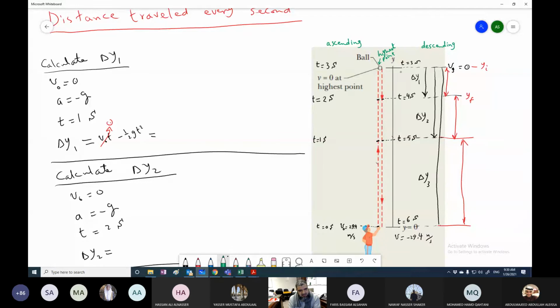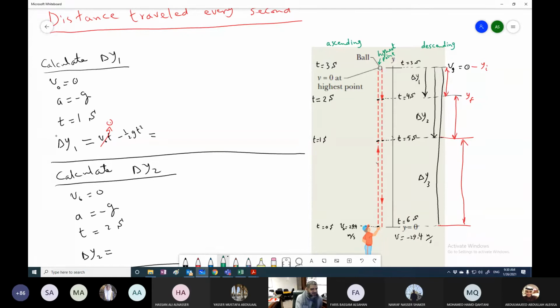What is the difference in time between t3 and t4? It is 1 second. The duration is 1 second, and v initial is equal to 0. What is the acceleration? We know the acceleration, which is minus g. So v0 is 0, a equals minus g, time is 1 second, and we want to calculate this delta y1.